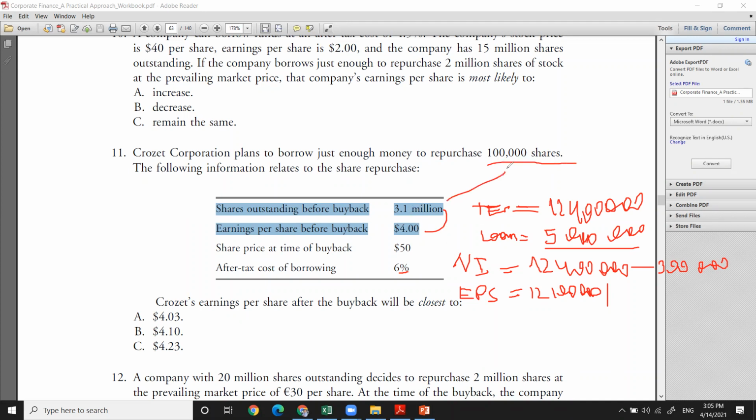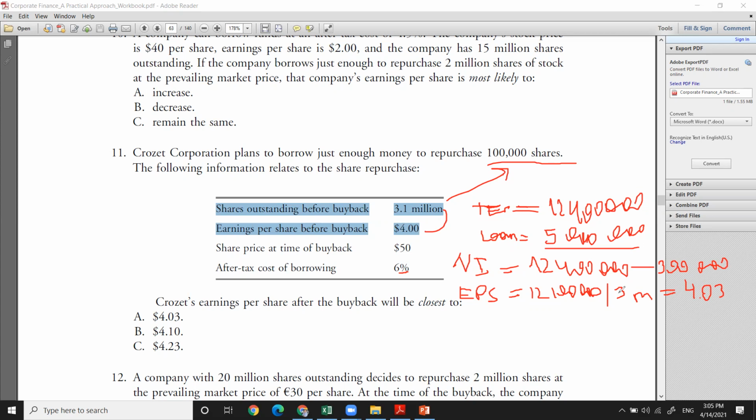So 3 million. So 12,100,000 divided by 3 million, your EPS in this case should be equal to 4.03.